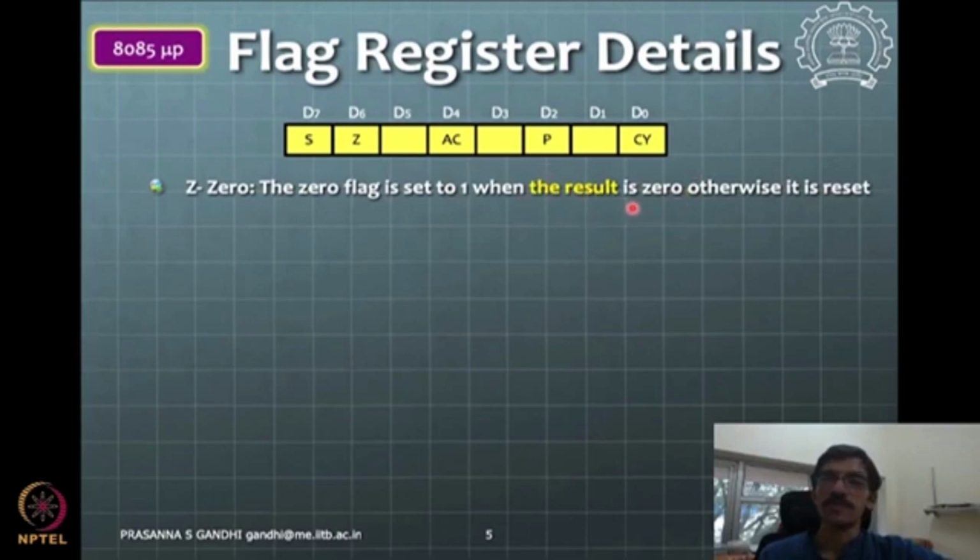This can be used for looping operations. Say you have a variable which is decremented, and when it becomes 0, this flag is automatically set. Then one can read the flag register and take control of the loop: I need to exit this loop after the zero flag is set. That is the base level of what happens in the microcontroller or microprocessor.